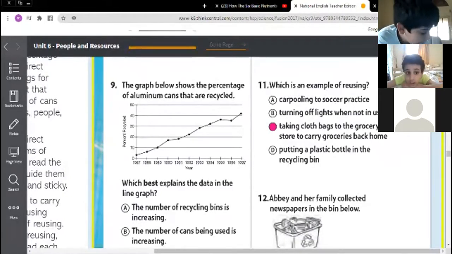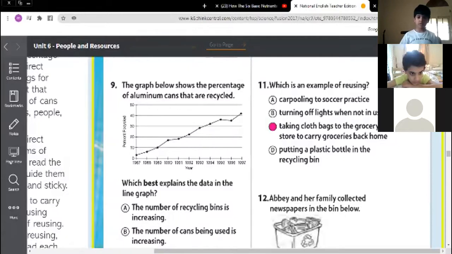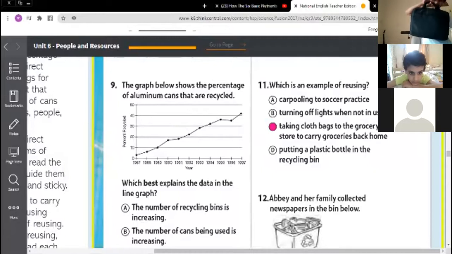You know what kind of bags, Osama? Can you show me any bag? Okay. What is the material of this bag? Can you show me a plastic bag?